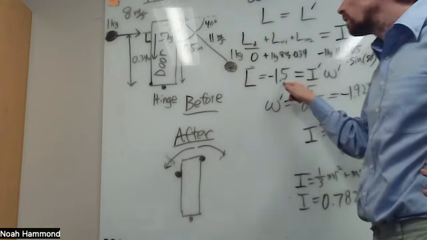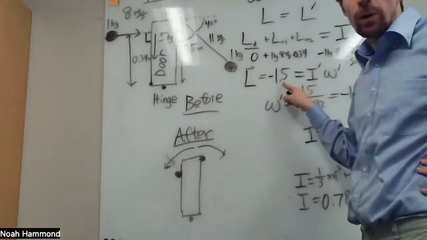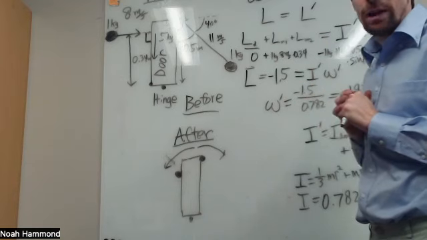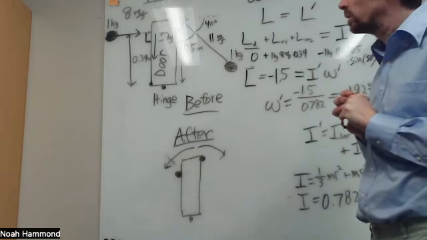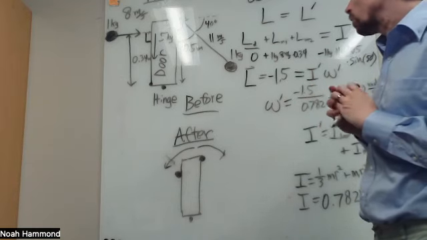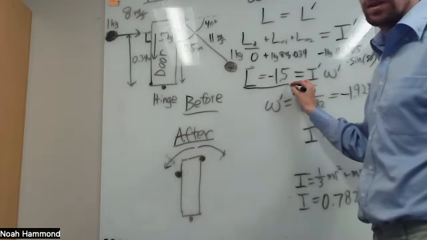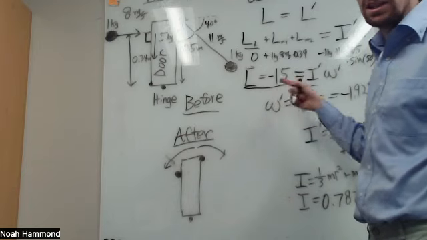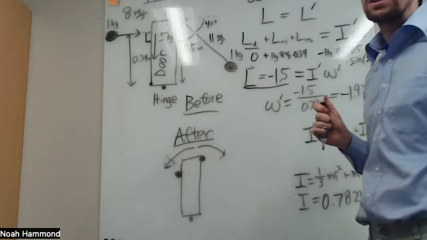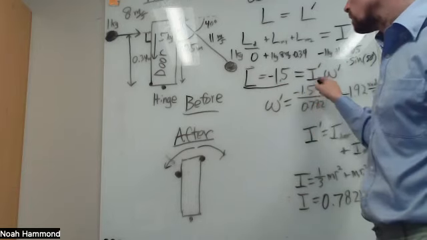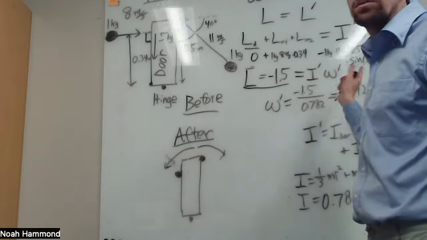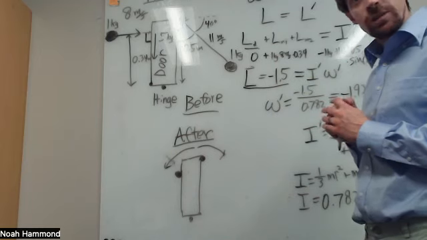I get that the total angular momentum before the mud balls hit is going to be negative 1.5. Okay, cool. So remembering that the total angular momentum of the system before the hit is going to be equal to the total angular momentum of the system after they hit, which is going to be the moment of inertia after times the rotational velocity after.